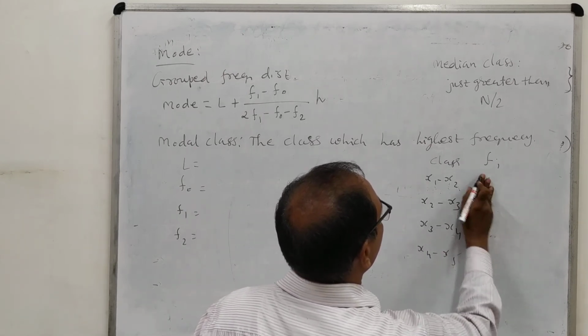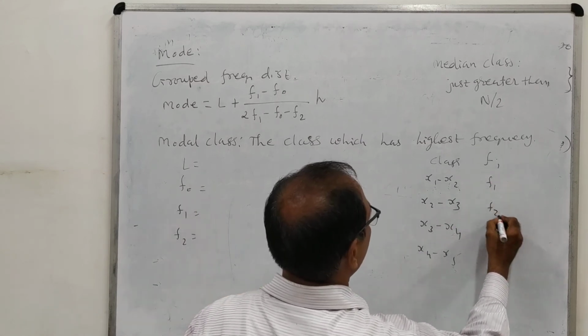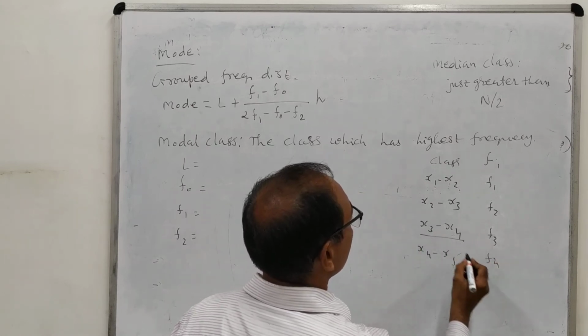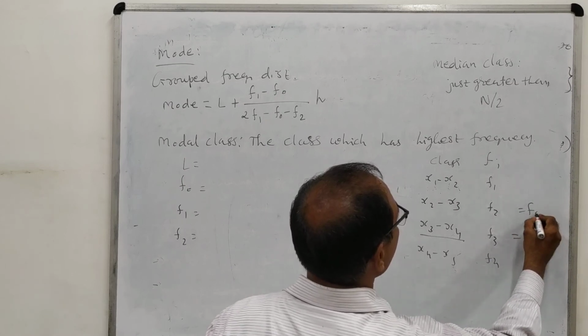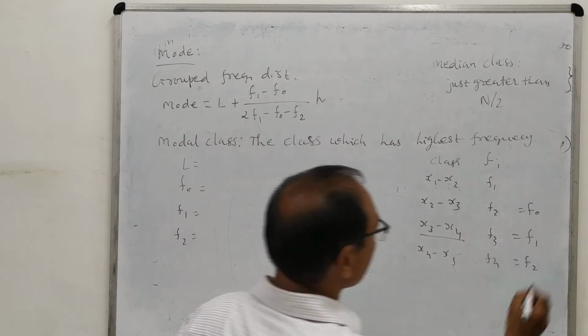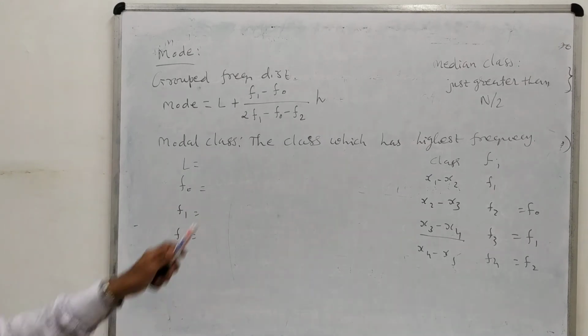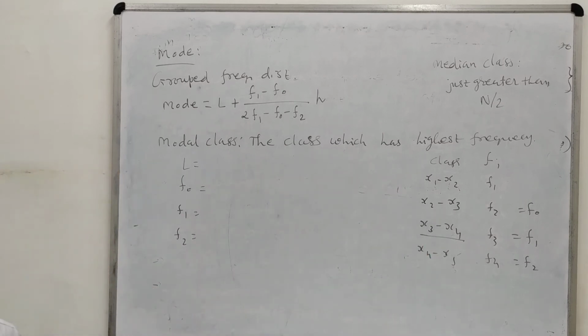You may get confused with these. So if it is the modal class, we denote its frequency as F1, the one above it as F0, and the one below it as F2. This is very easy to identify. And H is the length of the modal class, the length of the interval.